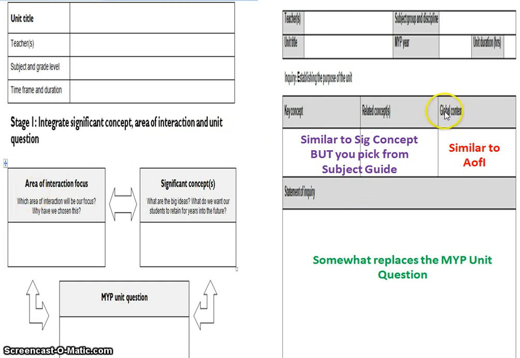They made the change to align the PYP, the elementary IB program, with the MYP and the diploma program at high school, to where they align throughout all 3 stages of the program. And then the statement of inquiry is going to somewhat replace the MYP unit question, even though you will still have questions on a later part of the unit planner. So let's look at each of these pieces.